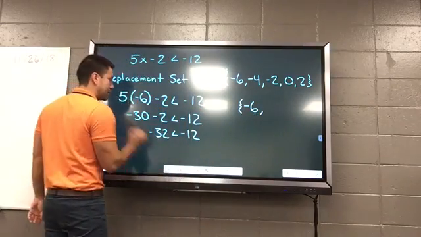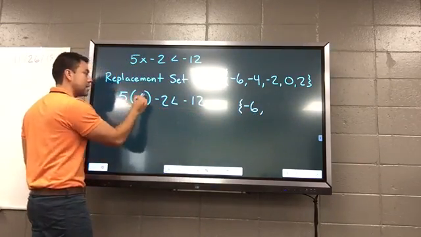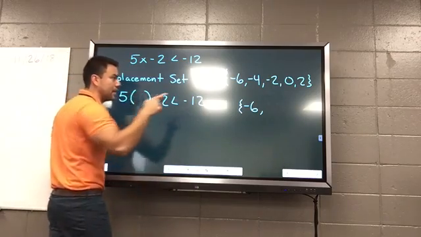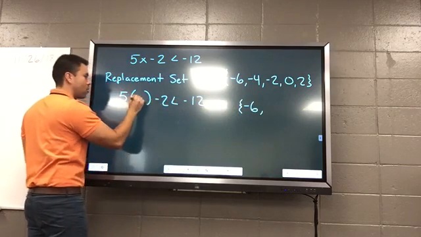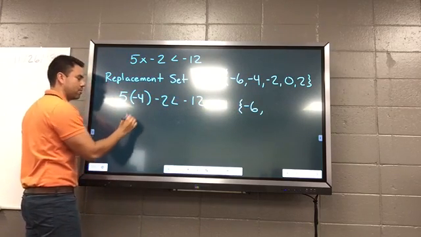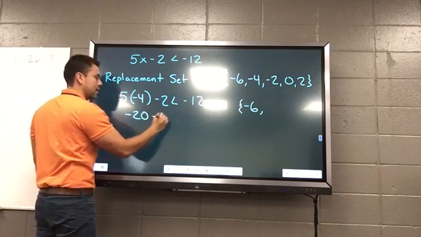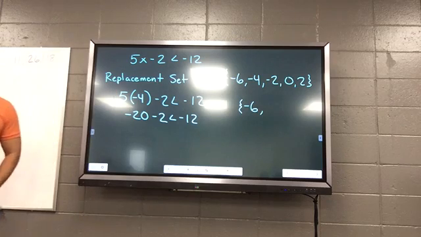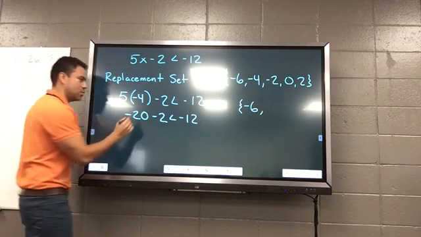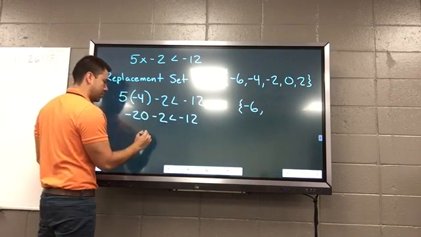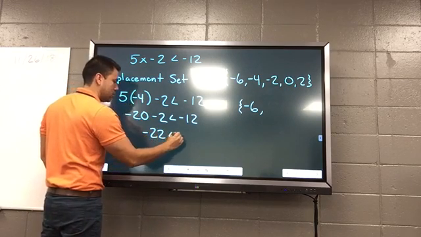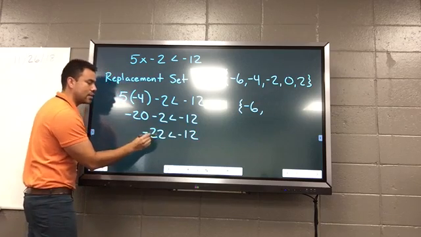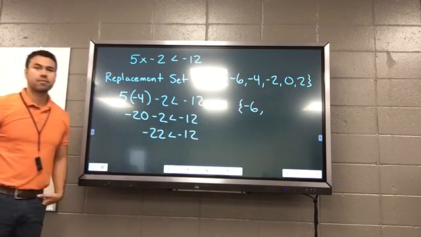What do you think I'm going to do next? I'm going to do the same thing, but instead of negative 6, I'm going to put in negative 4. What's 5 times negative 4? Negative 20 minus 2 is less than negative 12. Is that true or false? What's negative 20 minus 2? Negative 22. Is negative 22 less than negative 12?